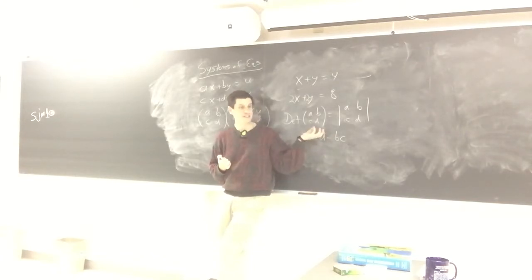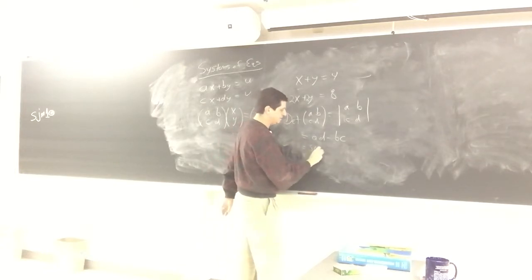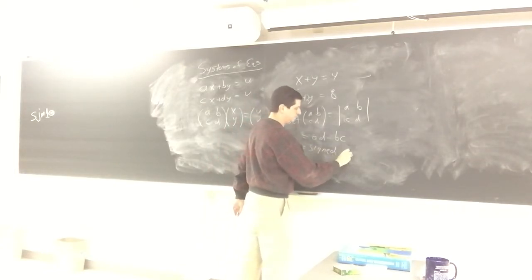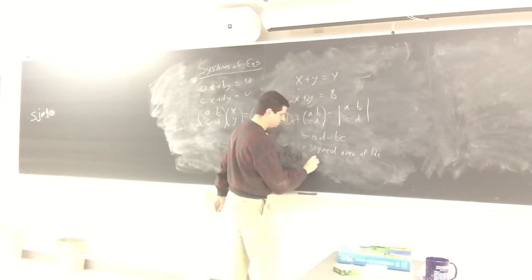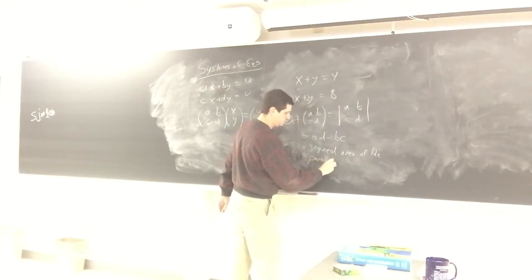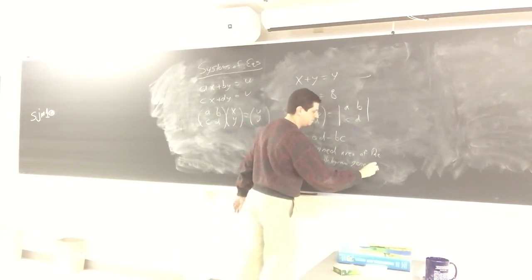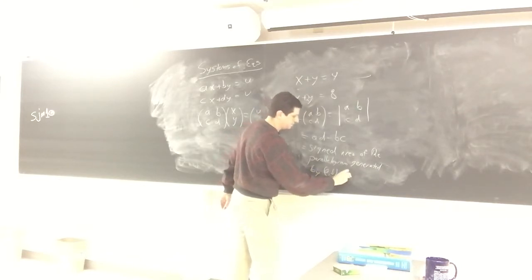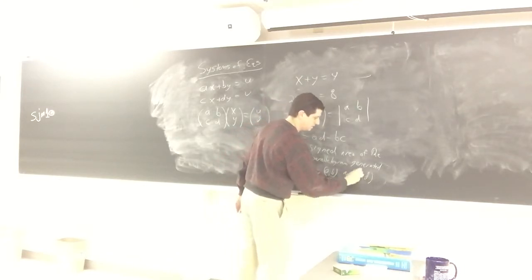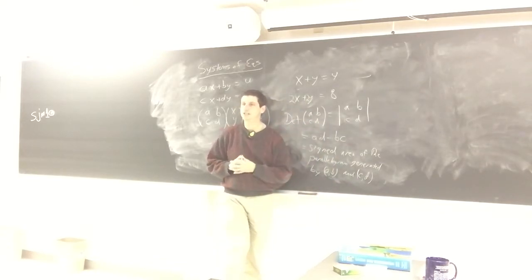It turns out that this equals the area, or better yet, the signed area of the parallelogram generated by the vectors AB and CD. And this is eventually going to lead us into the cross product.